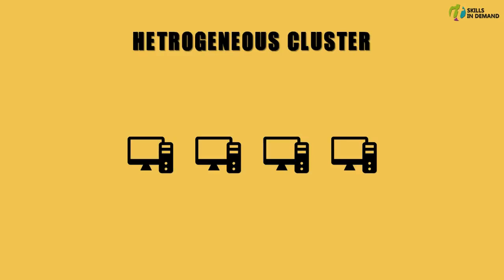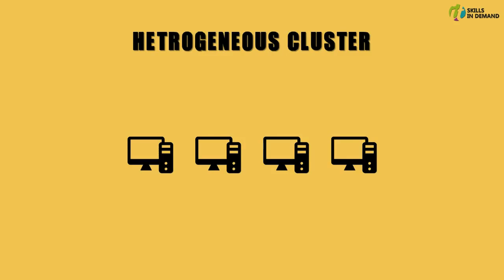Now let us try to understand what we mean by heterogeneous cluster. A heterogeneous cluster basically refers to a cluster within which each node can be from a different vendor, and each node could be running a different version and a different flavor of operating system.